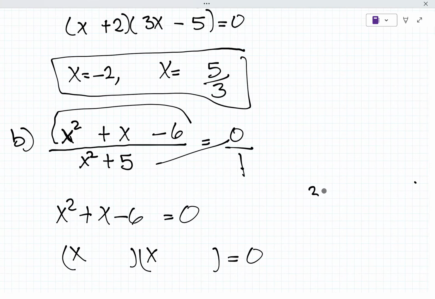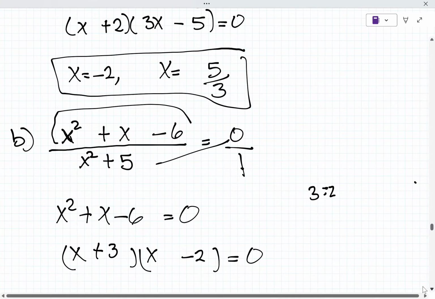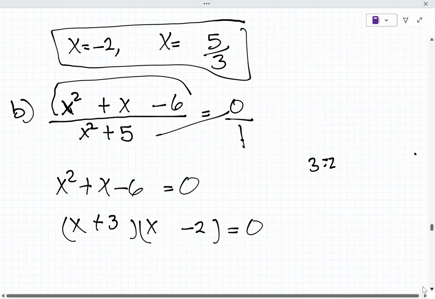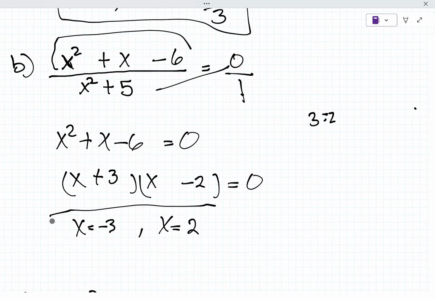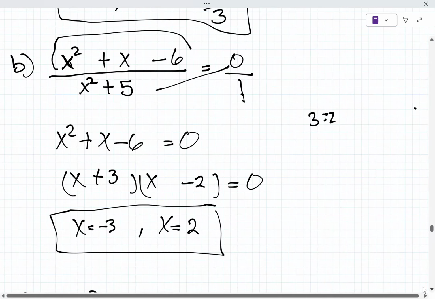I think it's going to be 3 and 2. I'll use -2, so I'll take a 3 and -2. And when you solve for x, you get -3 and +2. Okay, they both work. There's no extraneous solution.